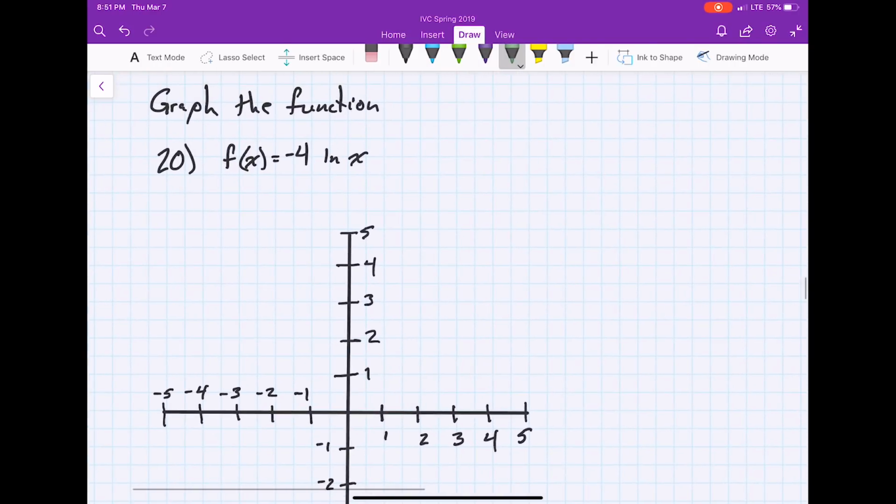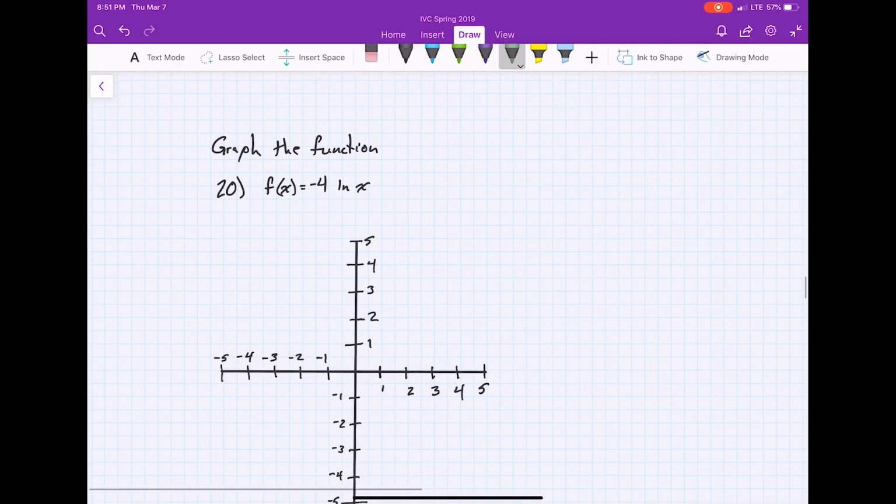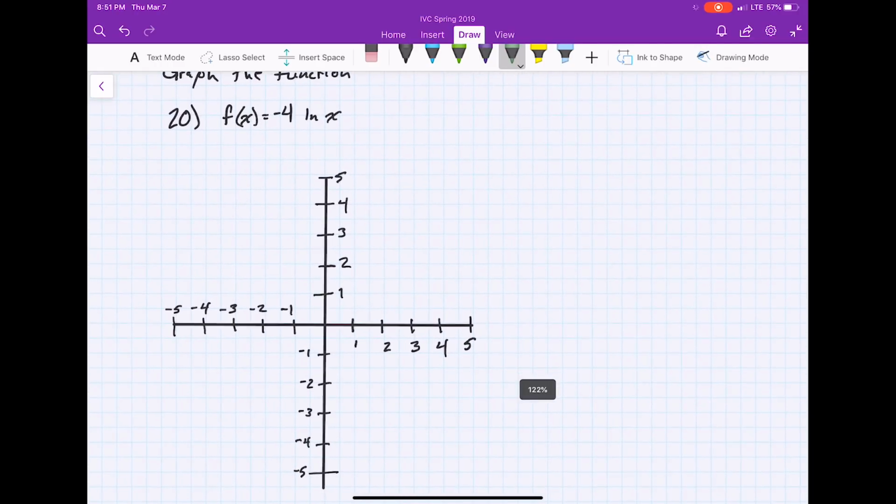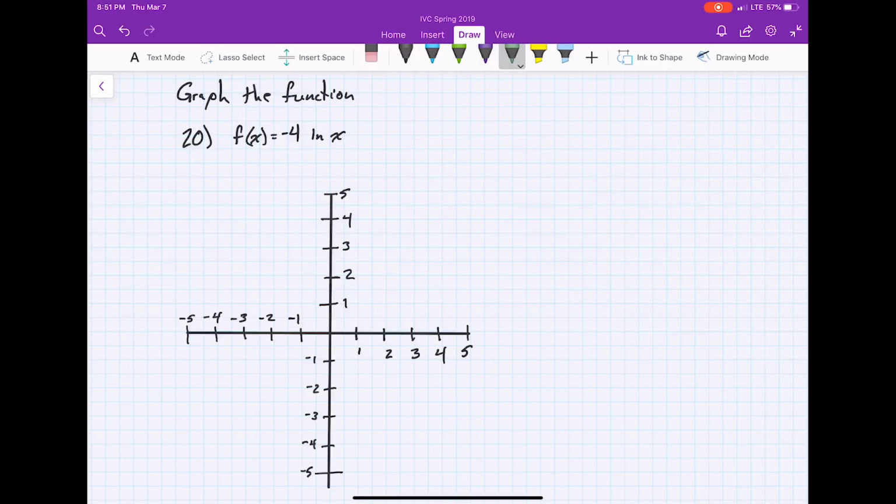All right. So here we want to graph the function, and this function is an ln function. So we know that ln of x would normally look like this, going through 1, 0.